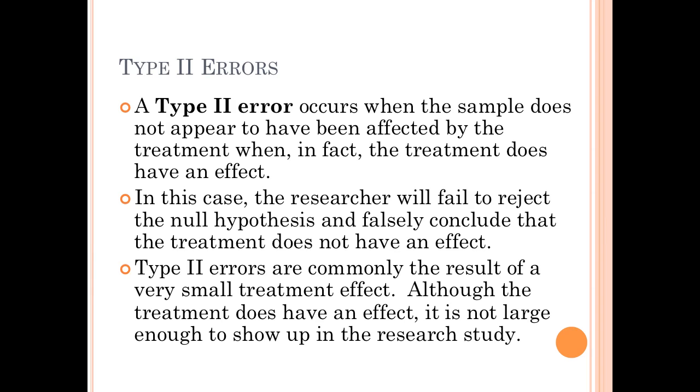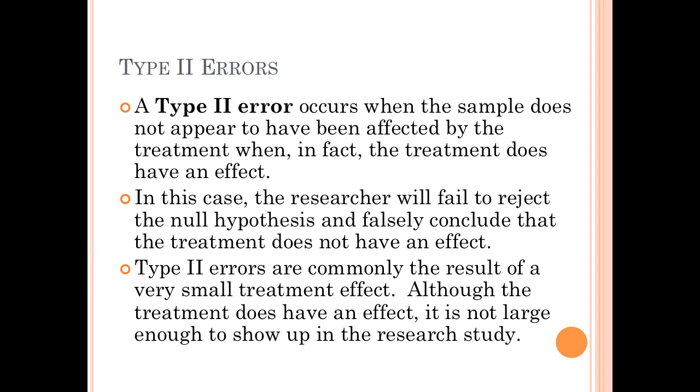A type 2 error occurs when a sample does not appear to have been affected by the treatment, when in fact the treatment does have an effect. In this case, the researcher will fail to reject the null hypothesis and falsely conclude that the treatment does not have an effect. Type 2 errors are commonly the result of a very small treatment effect, as well as a very small sample size.